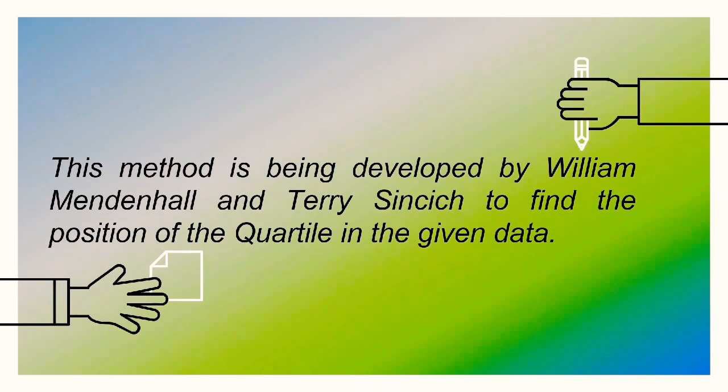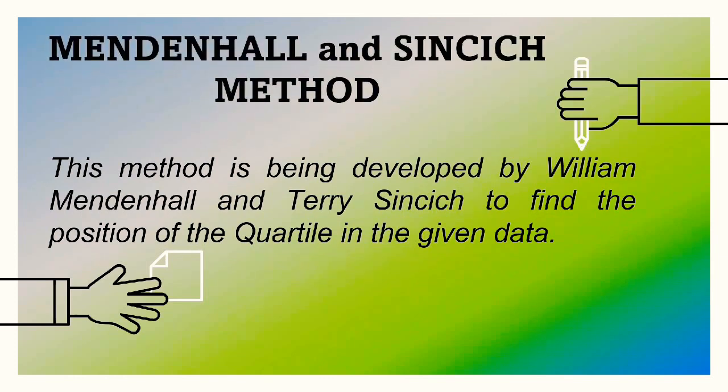The Mendenhall and Sincich method was developed by William Mendenhall and Terry Sincich to find the position of the quartile in a given data. So they are the proponents of this second method of finding measures of position for ungrouped data.